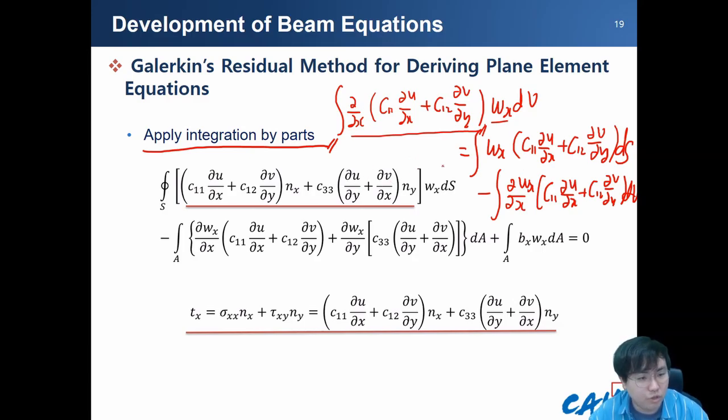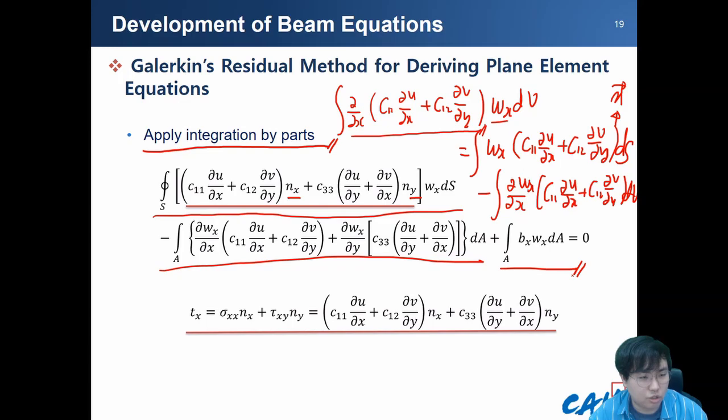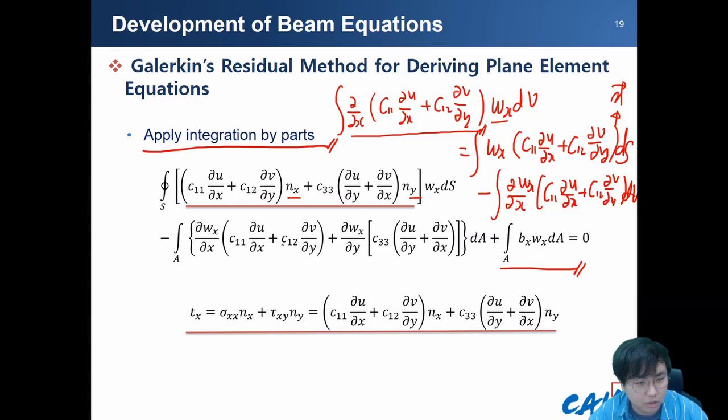When integrating over a surface, to integrate in the specific normal direction we need to multiply by the normal direction, so the surface direction term is added here. After applying integration by parts, we obtain this equation, and this part does not need any changes. Looking in more detail, this part is very similar to the traction forces.